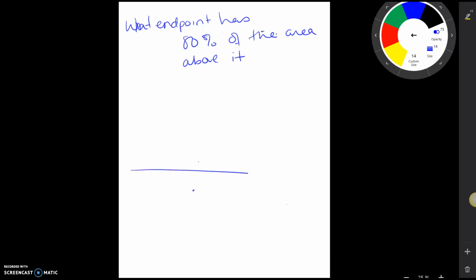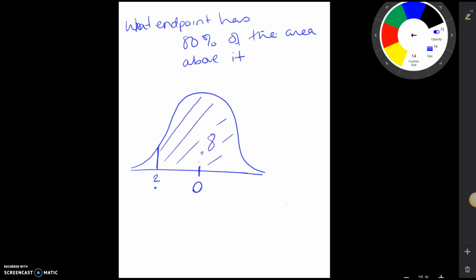Again, drawing our normal curve, we know that 0 is at the center. The point that has 80% of the area above it is probably somewhere down here, and we're looking for this endpoint. To have 80% of the area above it, we would have 80% here. But remember that the table gives us the areas to the left. So in this case, the area to the left is 0.2.